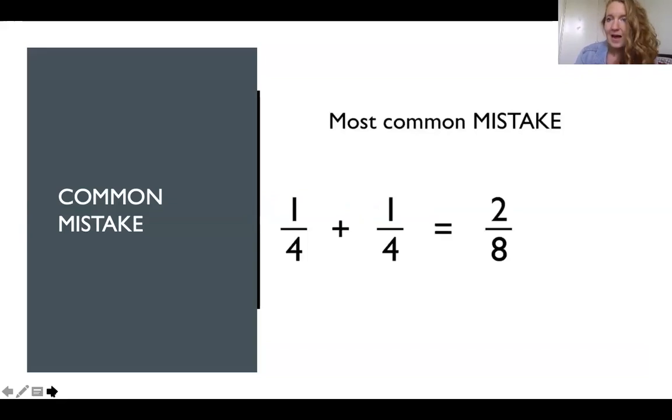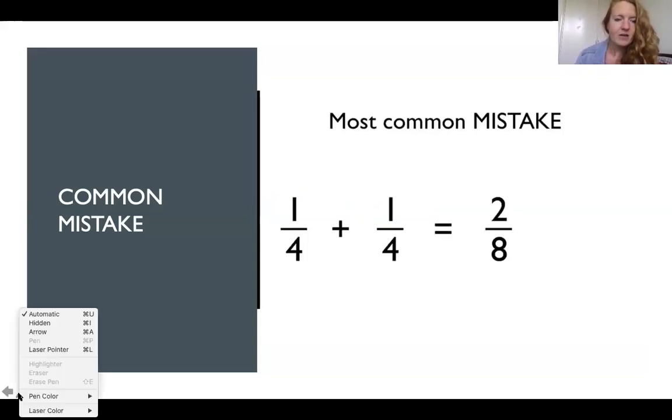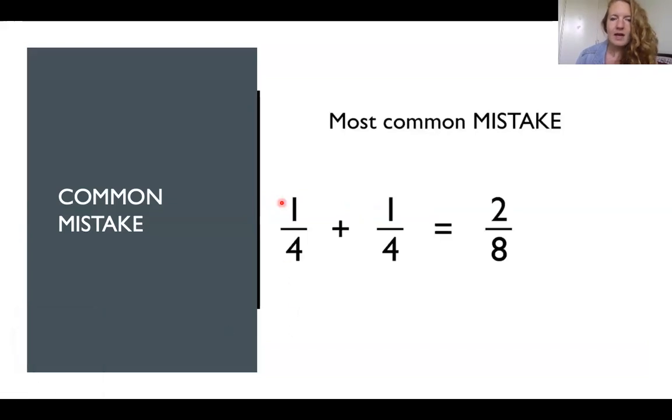Last week we looked at adding fractions. So here you can see that I have a quarter plus another quarter. Now I've purposely shown you this one because this does not equal 2/8. And this is quite a frequent mistake that people make. People see 1 plus 1, they put 2, and then they put 4 plus 4, they put 8.